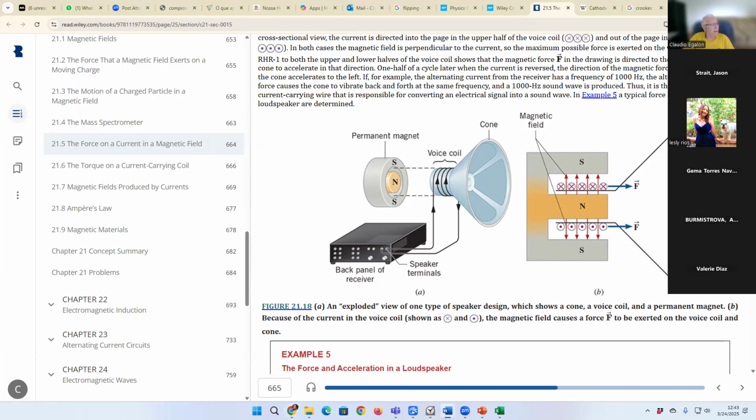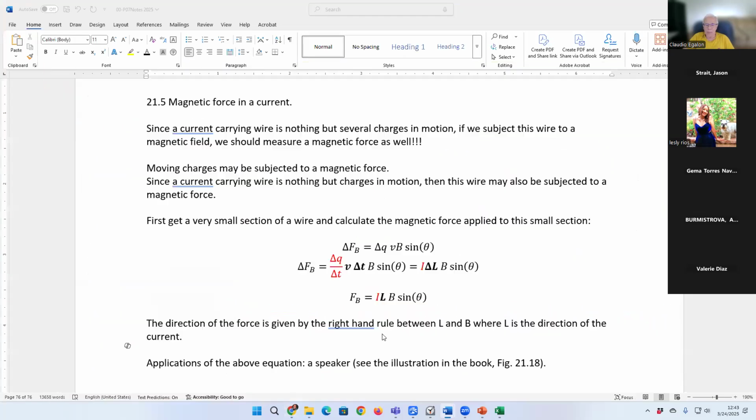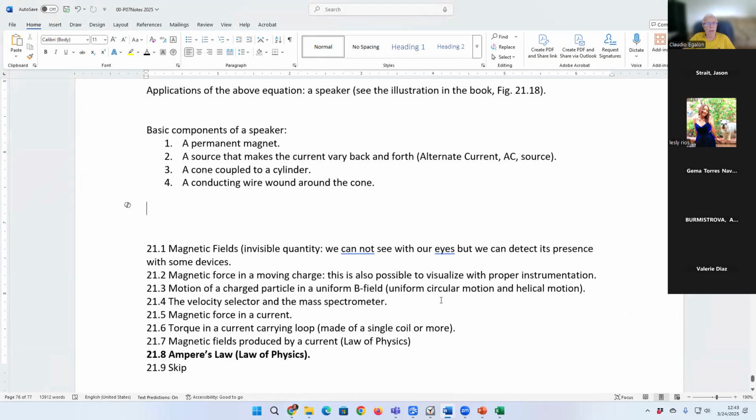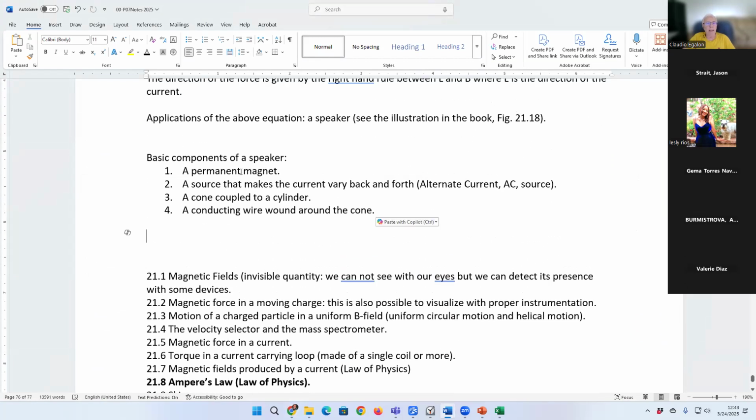So let's write it down. Basic components of the speaker. Permanent magnet, a source that makes the current vary back and forth.